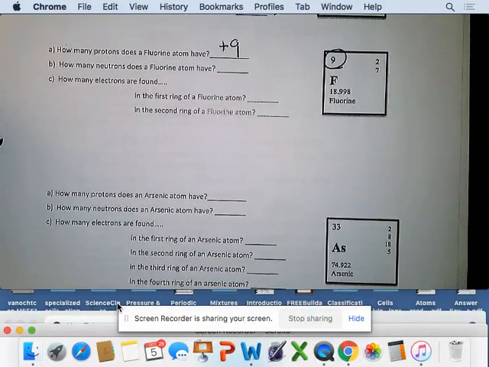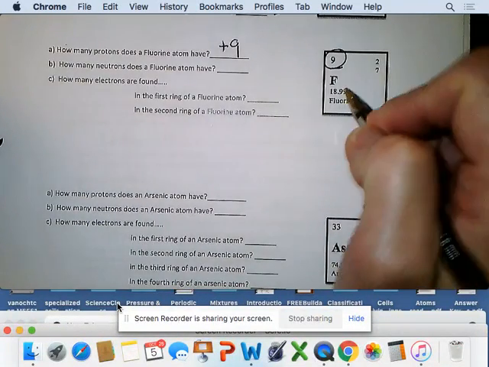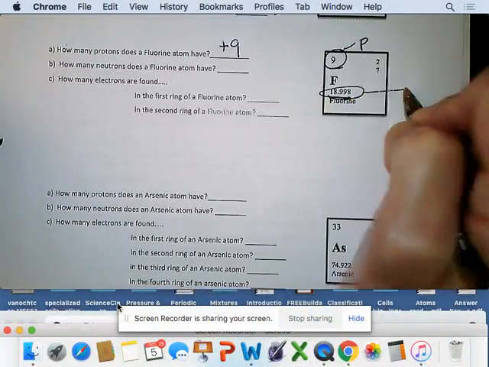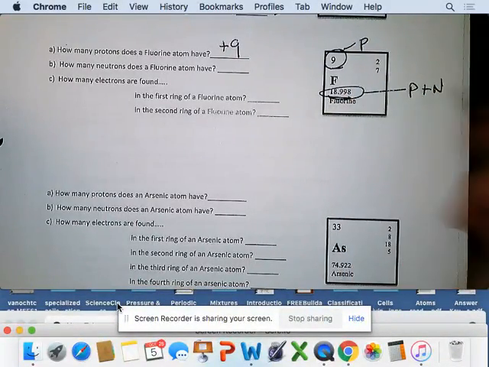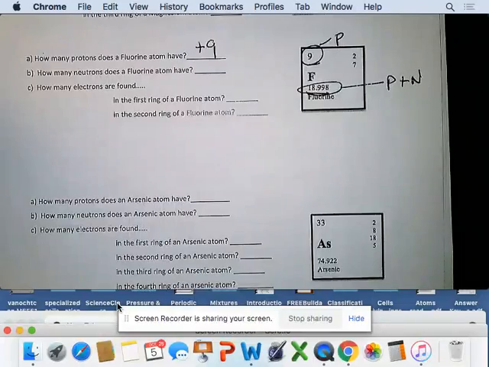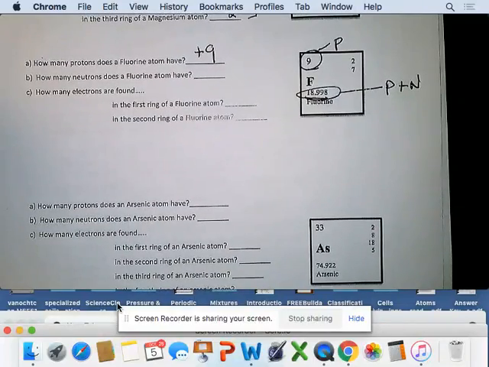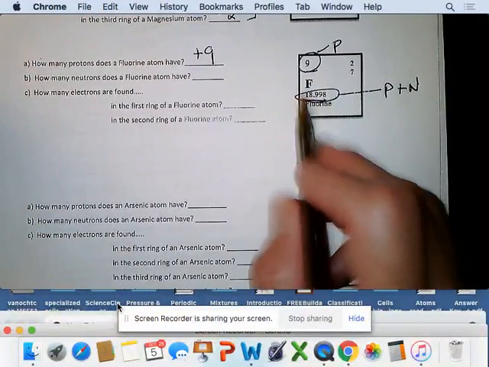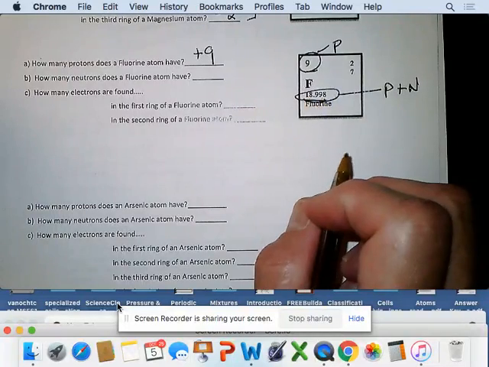Right. So which number is protons plus neutrons? Nope, that's the protons. So this is the protons and neutrons. Okay. So maybe label that if you guys don't have that or if you're confused still. So now what are we going to do with this number, Caden, the 18.9?